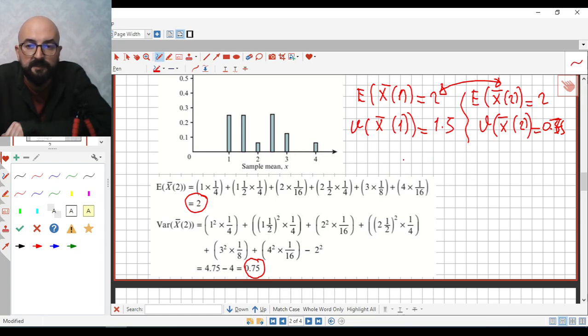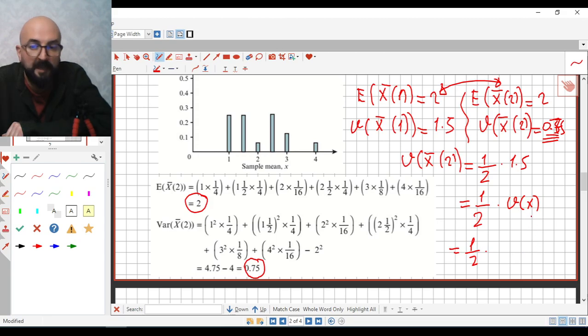But the variance of the sample mean of size 2, 0.75, we can write as 1 over 2 multiplied by 1.5, and maybe we can write 1 over 2 multiplied by the variance of x.